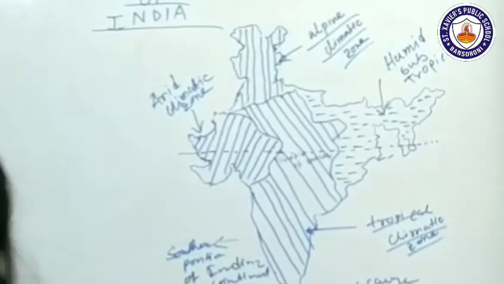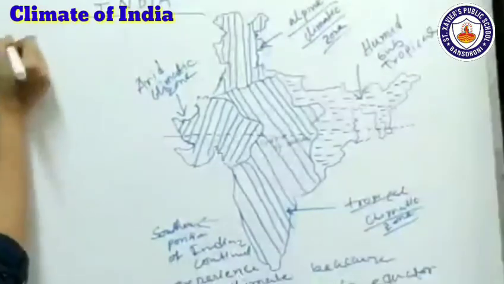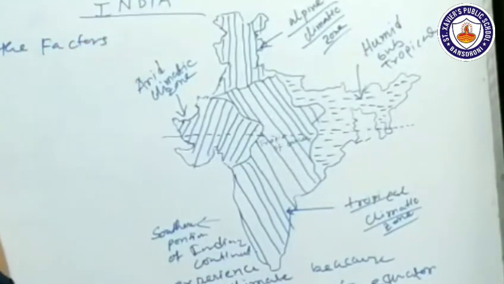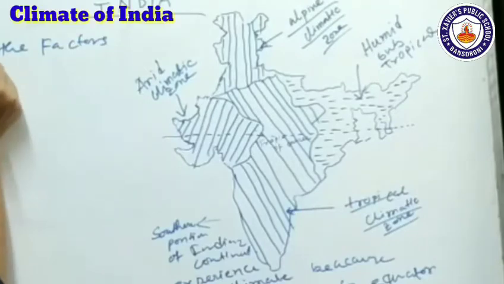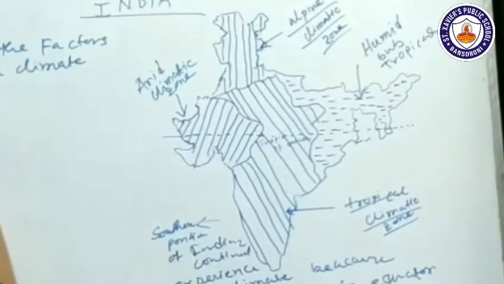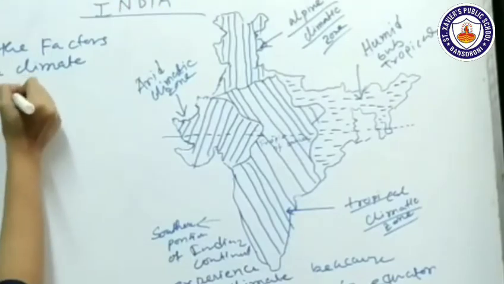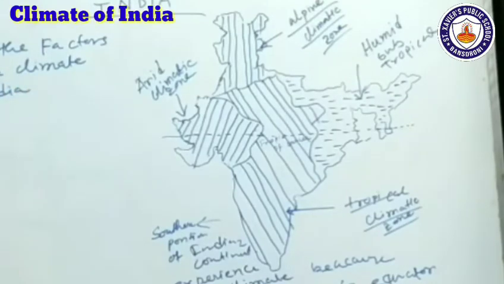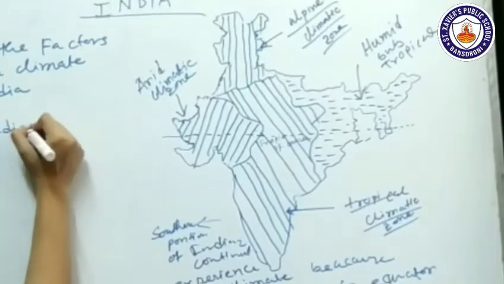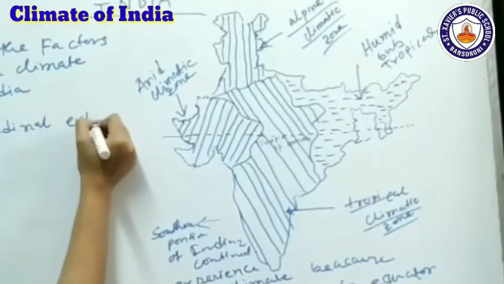So what are the factors that determine the climate of India? The first one I told is the latitudinal extent.